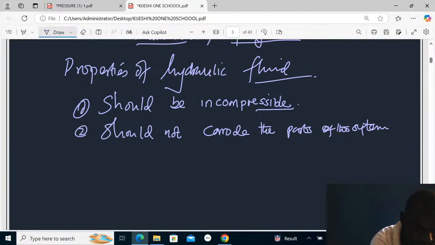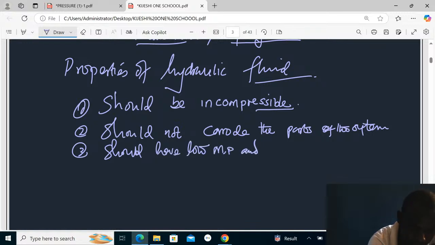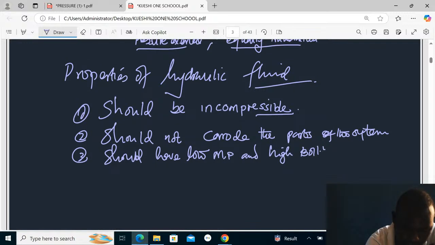Then the last one, should have low melting point and high boiling point.